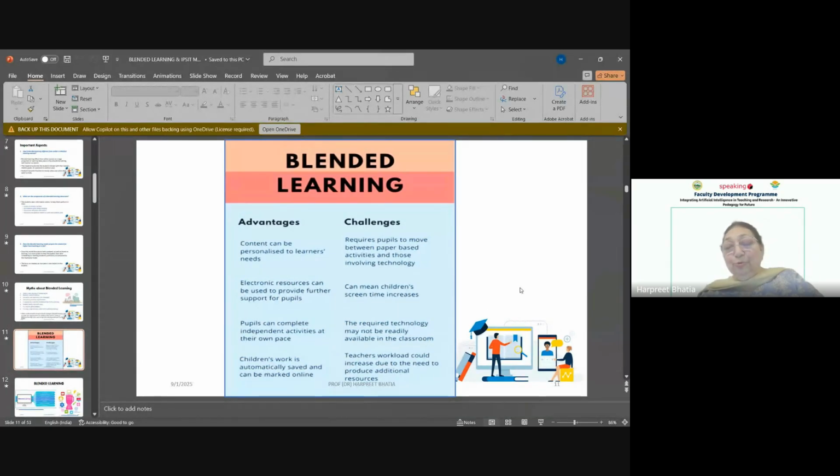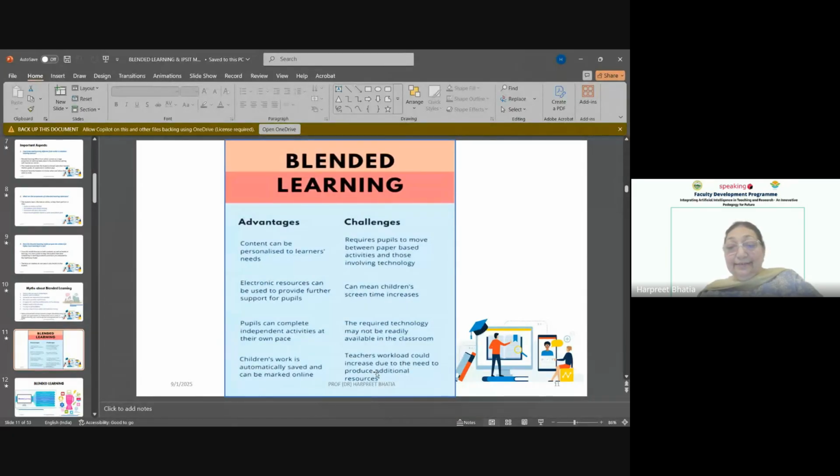We all know, those who are coming from smaller cities and towns, sometimes it is even difficult to get Wi-Fi connections. But definitely it is a huge additional source of information for the students, along with the books and other sources that we are using for the traditional teaching methods.